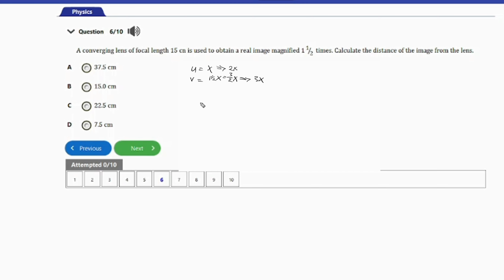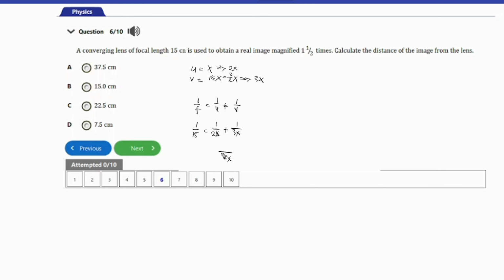Let's go ahead and use this in the equation. We're going to have 1 over f is equal to 1 over u plus 1 over v, which if we substitute, you're going to have 1 over 15 is equal to 1 over 2x plus 1 over 3x.